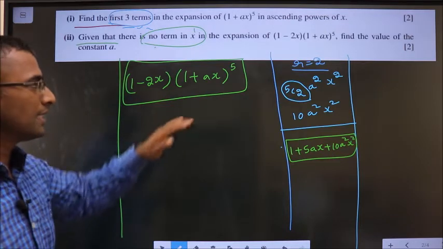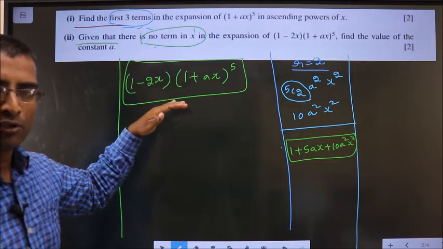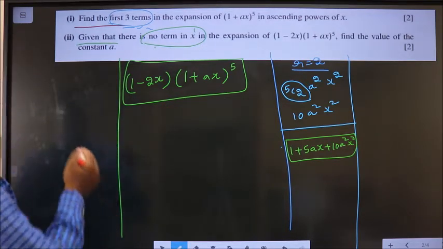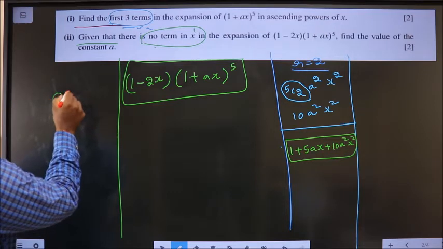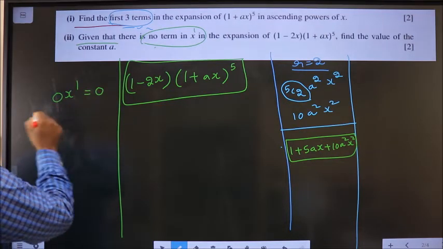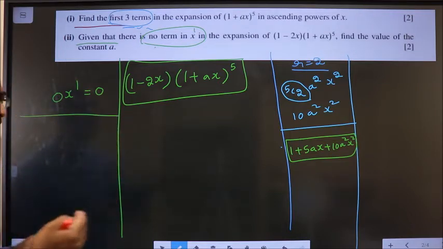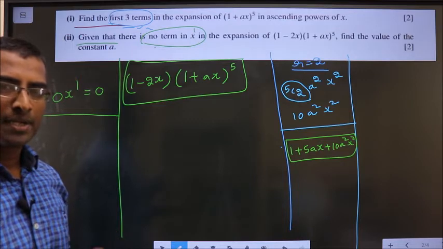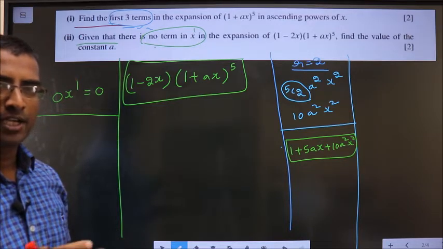And how do we make sure that x power 1 is not present? Only one way: if there is 0 before x power 1, 0 times x power 1 will be 0. That is how I can be sure that x power 1 is not present in the expansion. Clear?